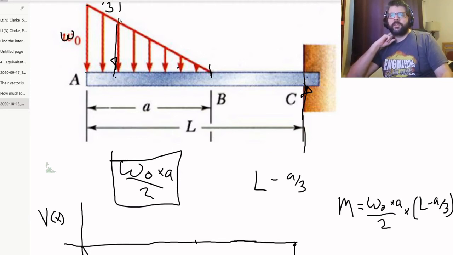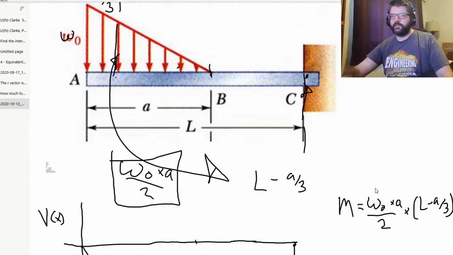So that's what that is, and that's going to be a positive moment, right? Because again, when taken about this point, it's counterclockwise, so we're talking positive.